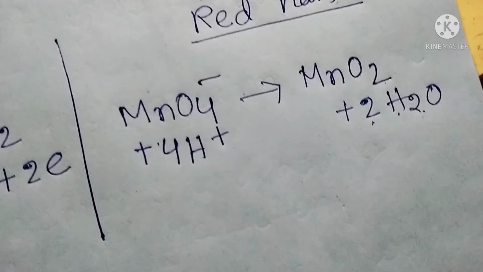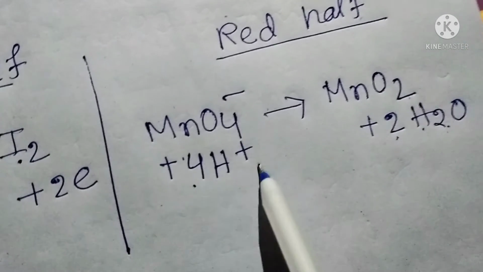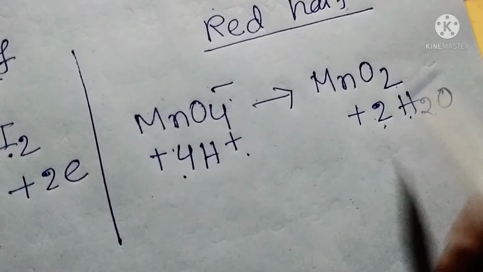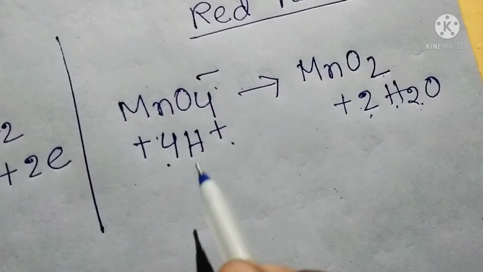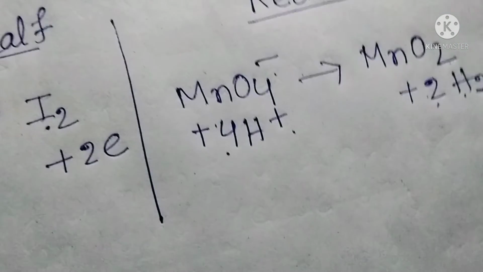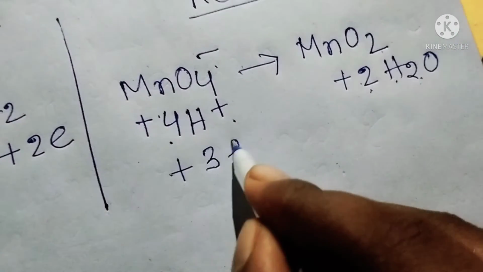Now balance the charge. 4 H plus minus 1, 3 H plus, here 0. So 3 H plus and here is 0. If we add here 3 electrons, then the equation is balanced.